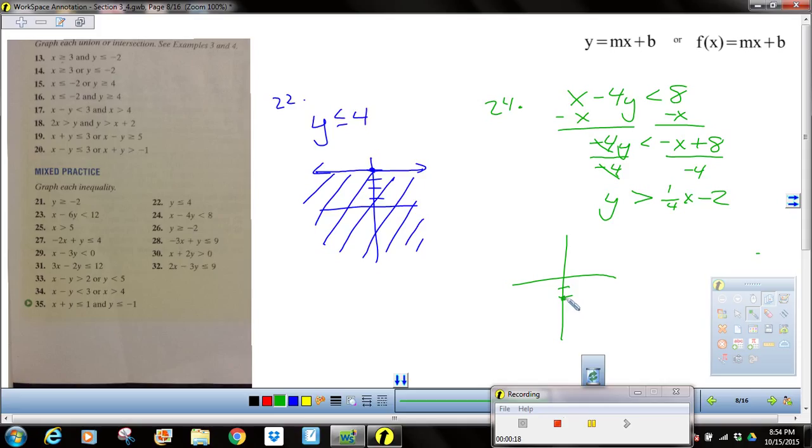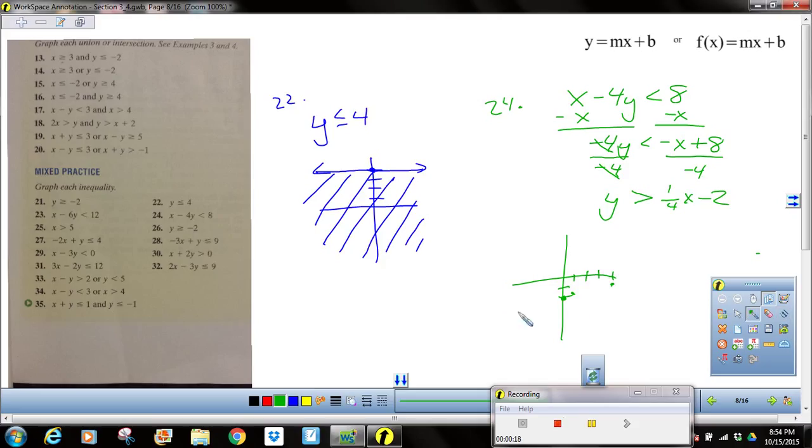Y-intercept is -2. Slope is 1/4. Which means that when I move over 1, I could go up 1/4, but that's really hard to tell exactly where 1/4 is. So it's recommended that we exaggerate it, meaning that we will go up 1 and over 4. See how that's in line with the little point I had to begin with. And we'll draw a line. This needs to be a dotted line.